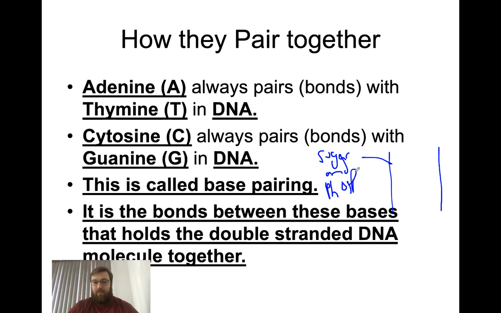I don't know how people do this. Then our bases would be in the middle here, and these are your base pairs.